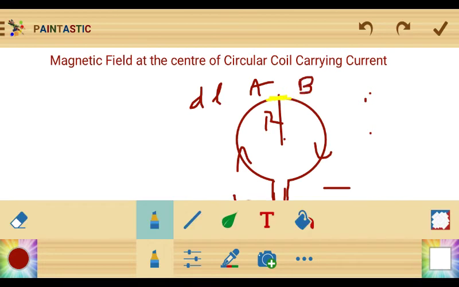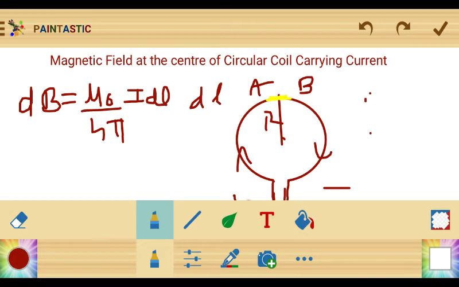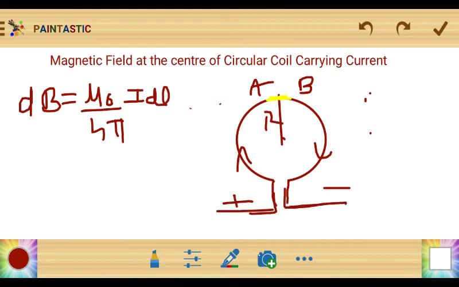Due to this current element AB, the magnetic field at the center, at distance r, will be dB equal to mu 0 upon 4 pi, I dl sin theta upon r square. Okay, because capital R is that point.